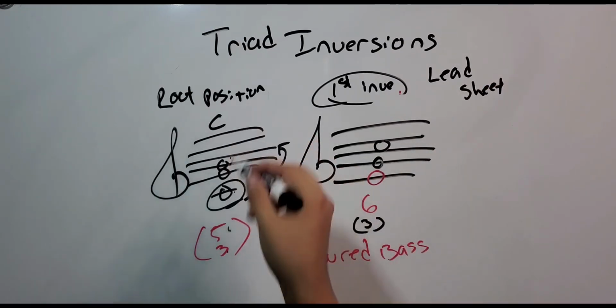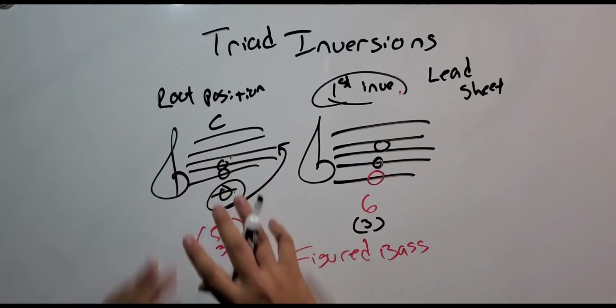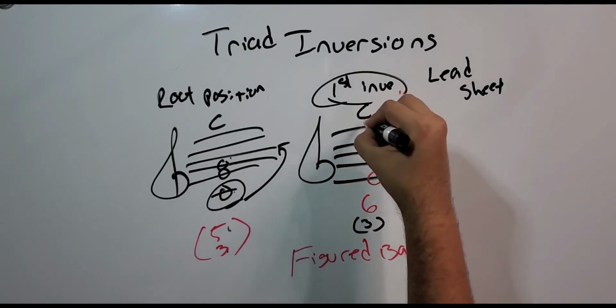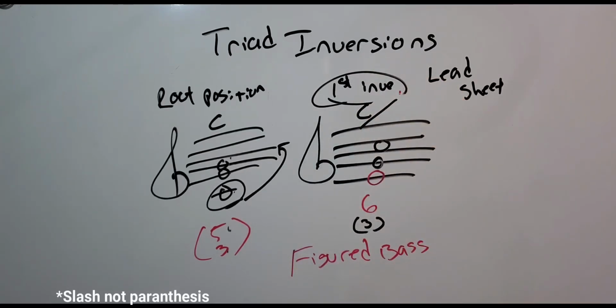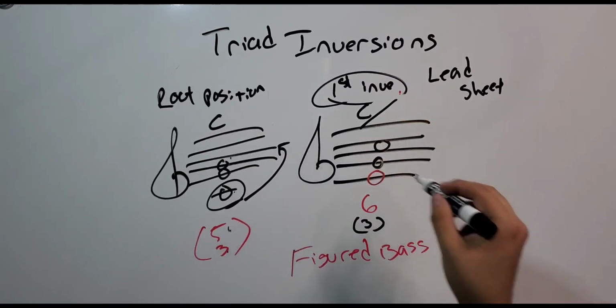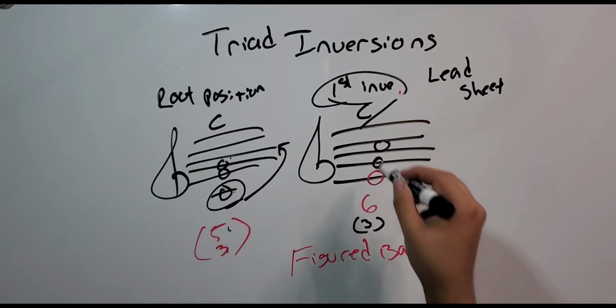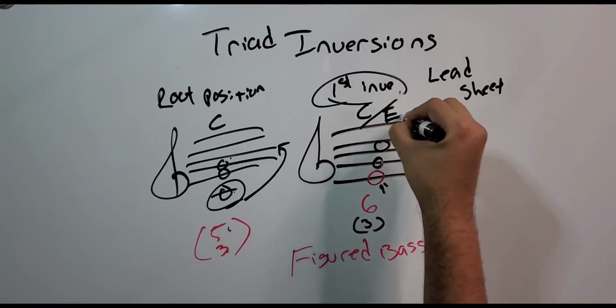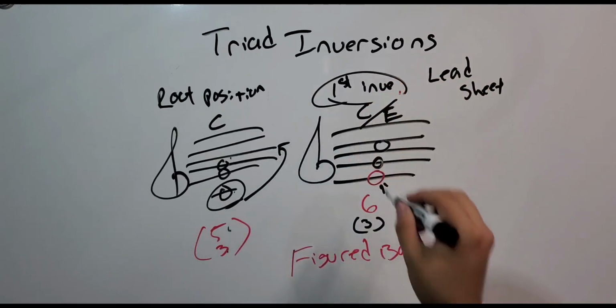So when C is in root position, it's just C by itself. When we have C first inversion, we have to put C, and we put a slash, which shows us that it's going to be over a different note than itself. In this case, in first inversion, it's going to be over E. And that is our third of the key, and that is our first inversion.